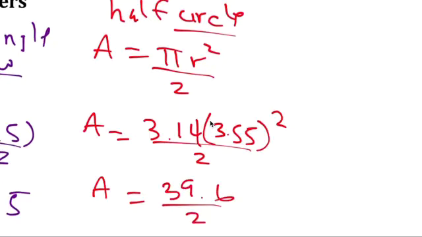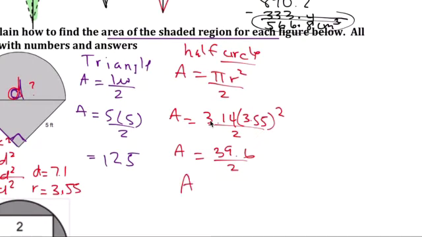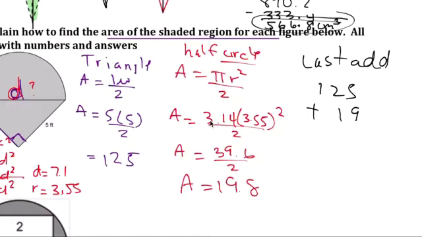Divide that by 2. 19.8. Last, add, they're both shaded. 19.8 is the area in feet squared.